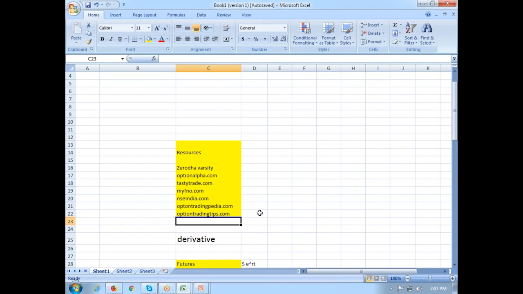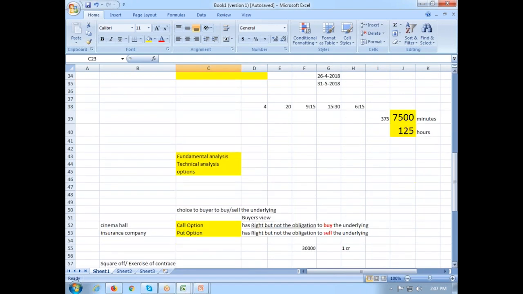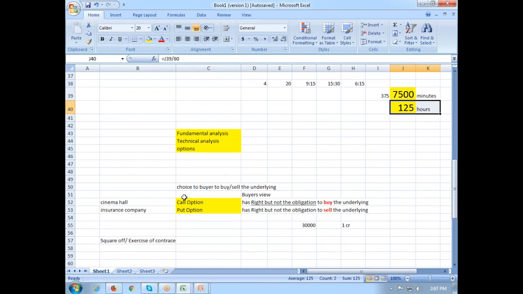Now tracking, since this is at 100, all you are going to get is just 125 hours of data for a month. You need to track it very closely, as 1 minute is important in this trade. So of the 125 hours, you decide how many hours you can give in your screen presence.